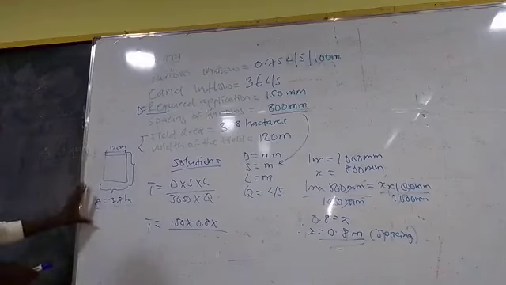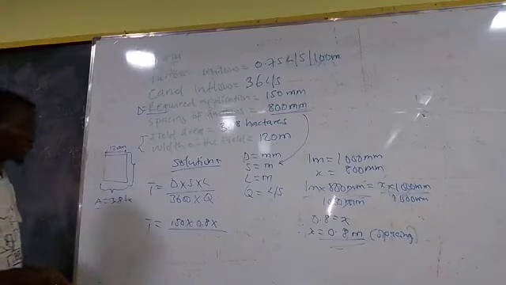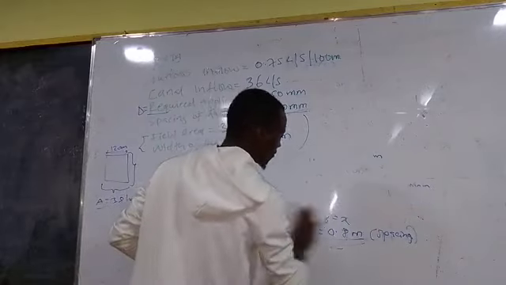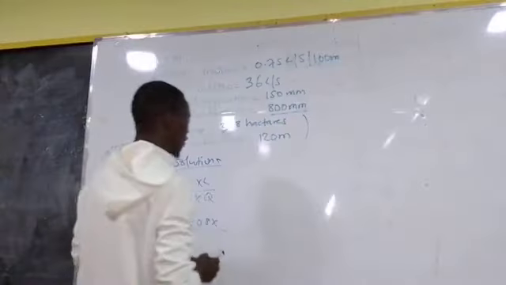Now, from this information, given the area and the width, we can find our length using the simple formula that we know.